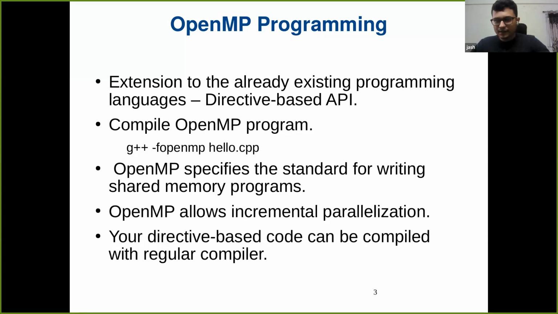You can compile your code with OpenMP constructs using the same C++ compiler and run it, but you just need to enable an extra flag, which is the fopenmp flag. That is how we will run the OpenMP program.